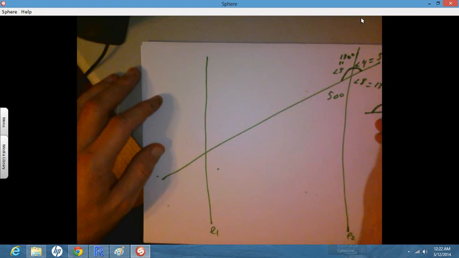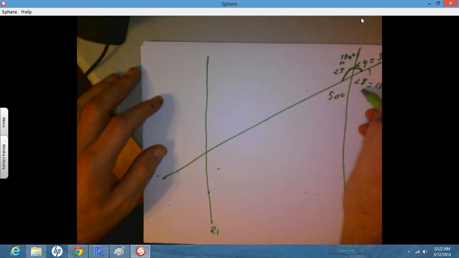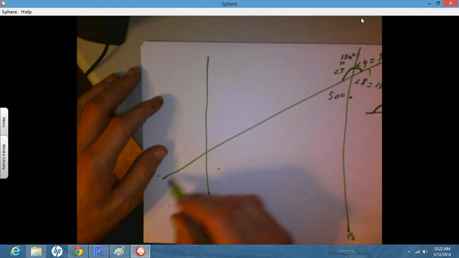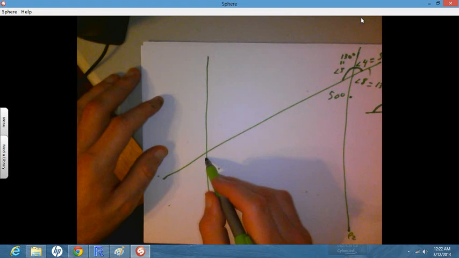Now, before I continue, I'm going to note that these two lines are parallel, so this transversal hits this line the same way it hits this line. So this is 130, and this is a copy of that angle.